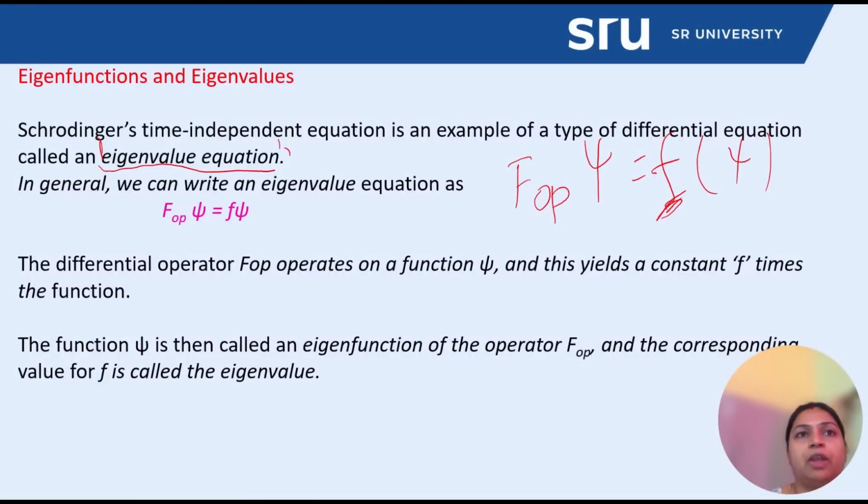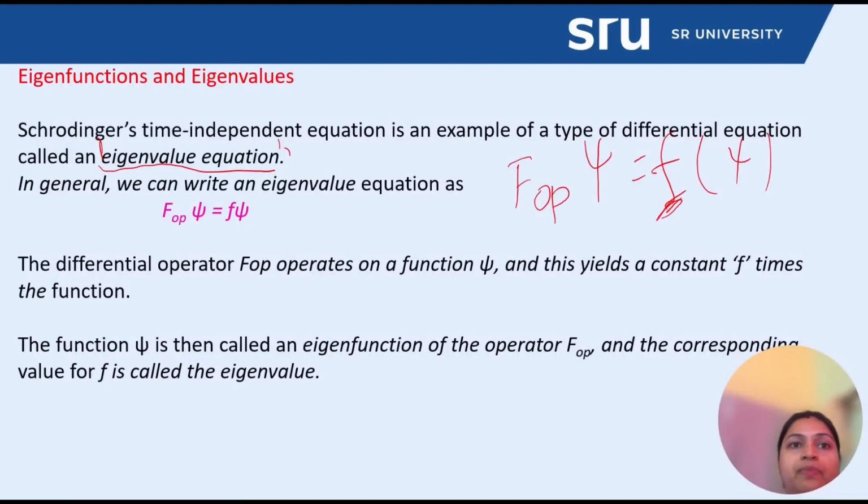So these are the main parameters of the wave function. First, the integral of psi square dx dy dz over all possible space is equal to 1. Second is the orthogonal property, and then the normalization, psi square dv equal to 1.